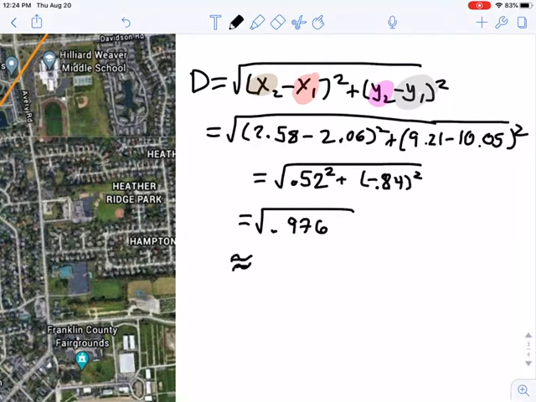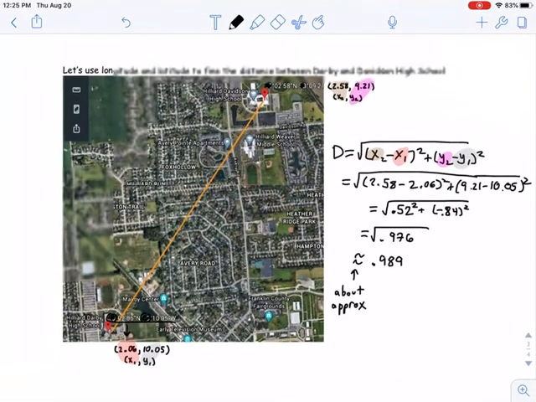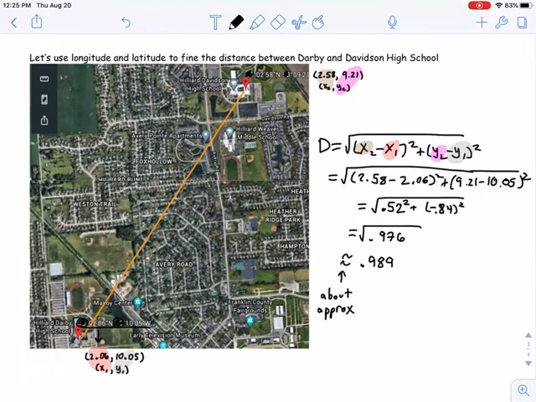So we're going to round this one to the nearest thousandth. Something you're going to see, this means approximately, or about. It's not exactly this number, but it's a number very close to 0.989.